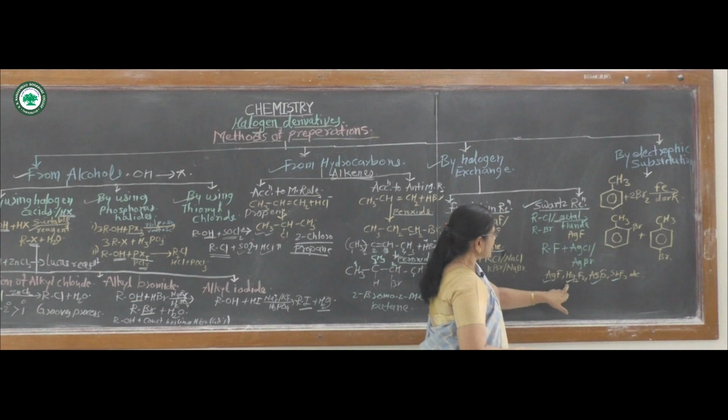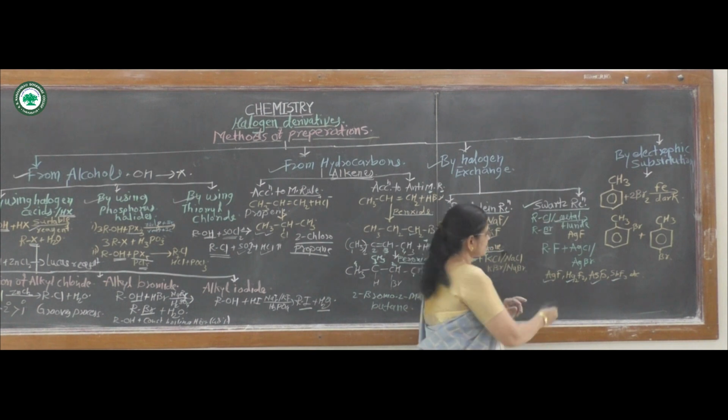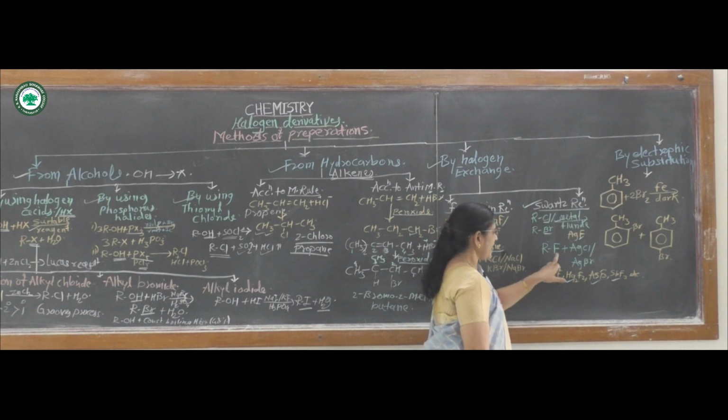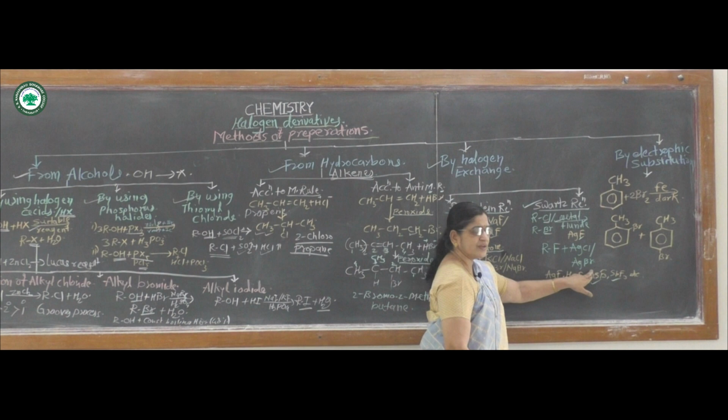If such a metal fluoride reacts with alkyl chloride or alkyl bromide, then this chlorine or bromine gets replaced by fluorine and it gives RF, that means alkyl fluoride, plus a precipitate of silver chloride or silver bromide.